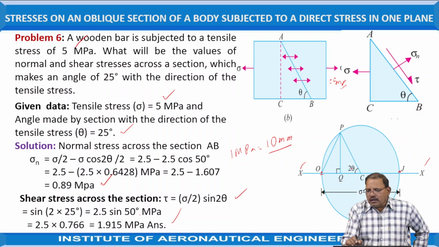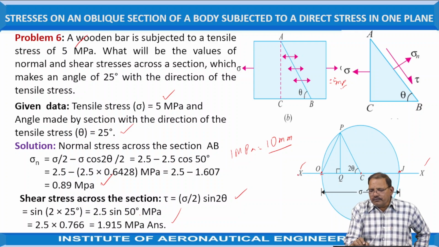Now, first draw the x-axis as a horizontal line, and take one reference point O on it. OJ is representing the length of the tensile stress acting on the plane according to some suitable scale.